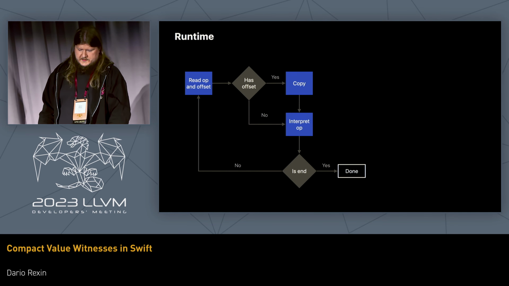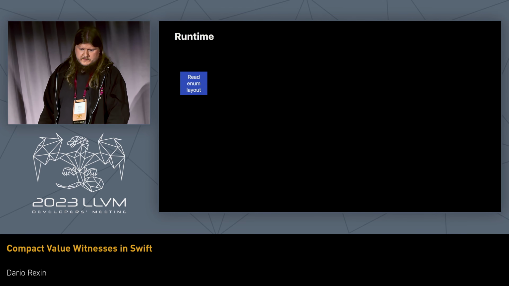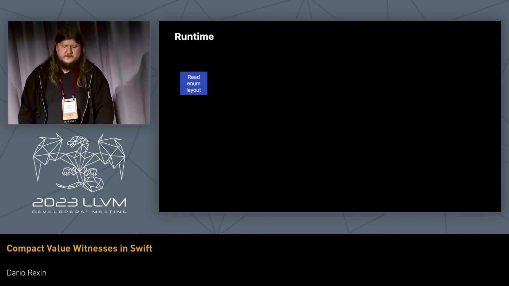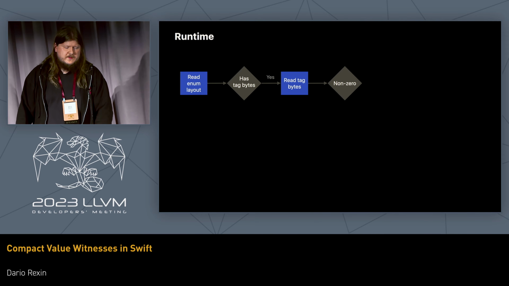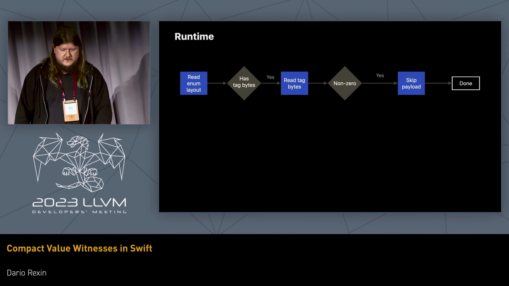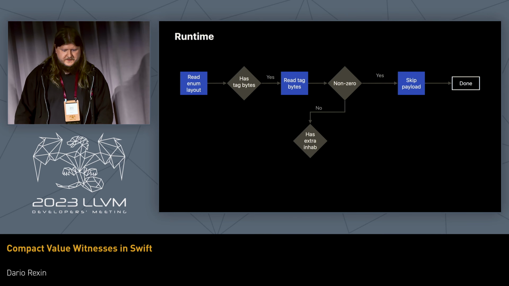Enums are more complicated. Let's look at the single payload enum case. First, we read the enum layout information. If it has extra tag bytes, we read them and check if they are non-zero. If they are, this is a non-payload case, so we skip the payload and are done. If they are 0, we check if there are extra inhabitants.